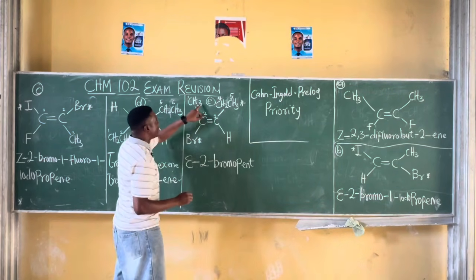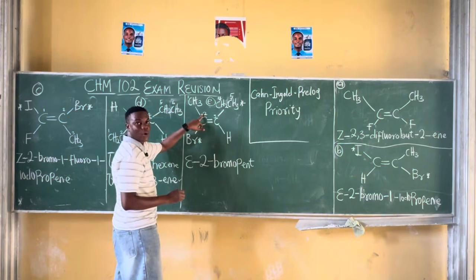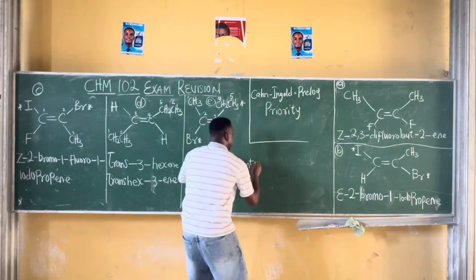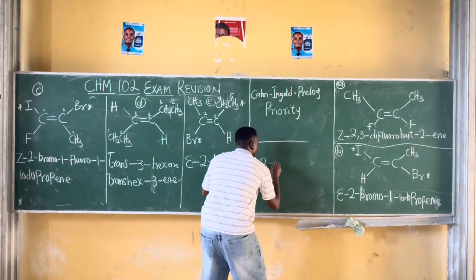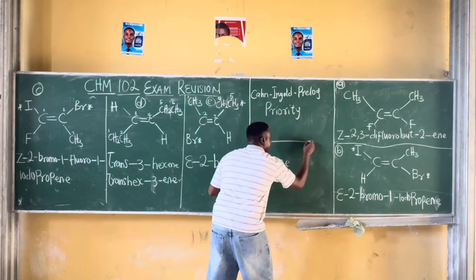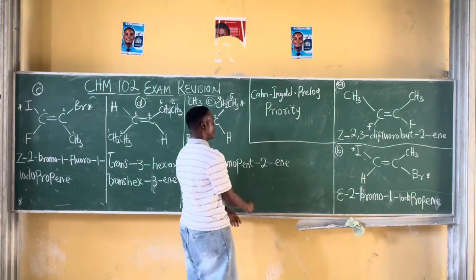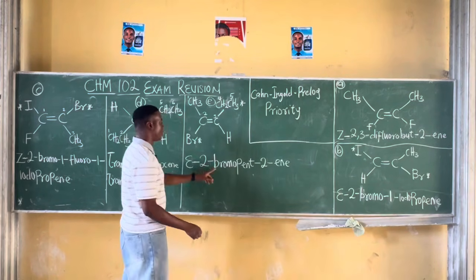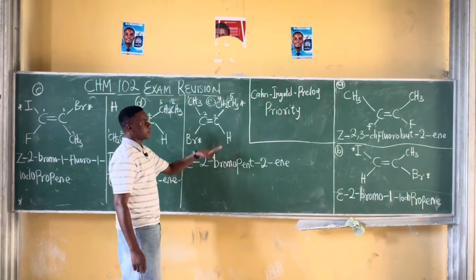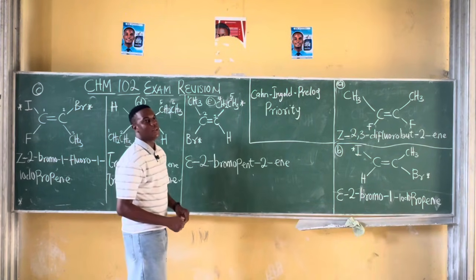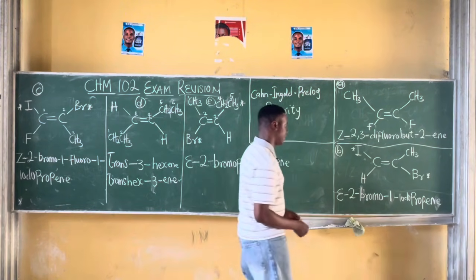You can see the double bond is at carbon 2, okay? So it becomes pent-2-ene. E-2-bromo-pent-2-ene. So that is the name of this compound.